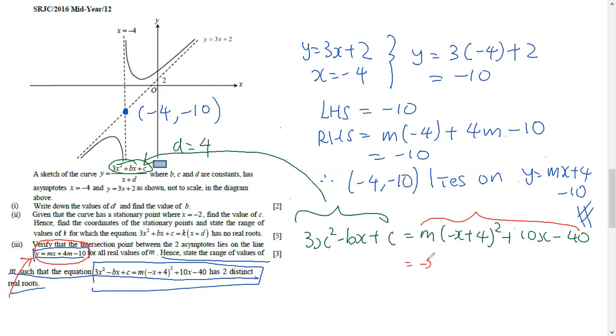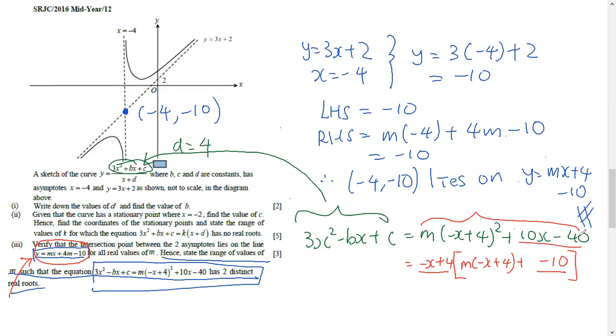If you take out the minus x plus 4 from the right hand side, inside I'm left with m, and from the other term, if I take out minus x plus 4, we are simply left with minus 10. Correct? Because if I take minus 10 and multiply back by minus x plus 4, it will give me 10x minus 40. Minus 10 times minus x is 10x. Minus 10 times 4 is minus 40.